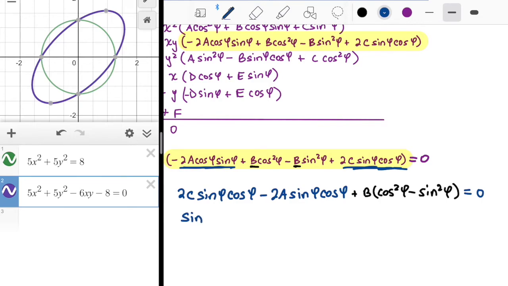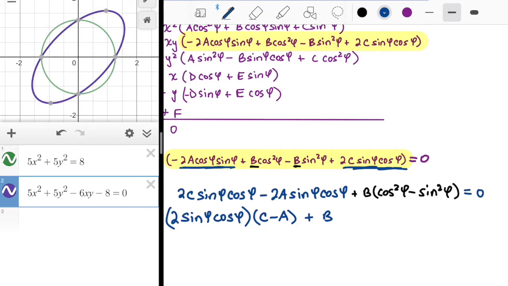All right, so I can factor out the sine phi, cosine phi. Actually, I can pull out a 2. 2 sine phi cosine phi. And when I remove that as a GCF, I'll be left with just a C minus A, plus B cosine squared minus sine squared.